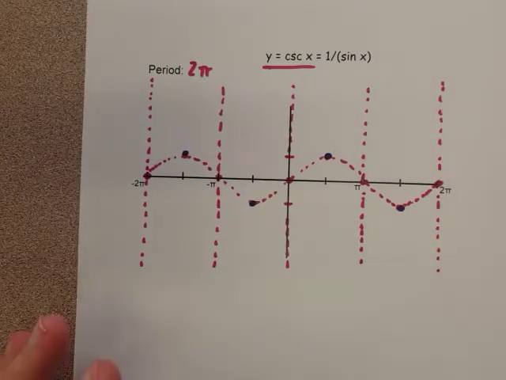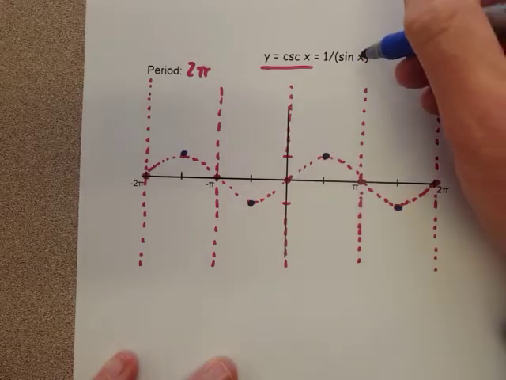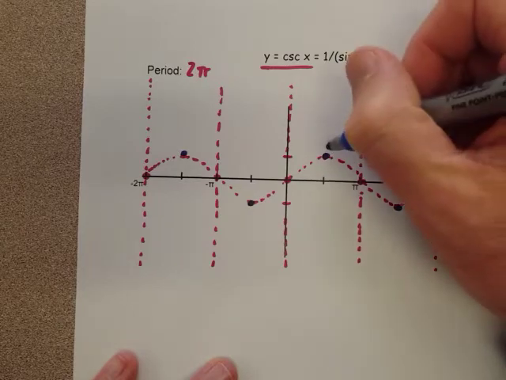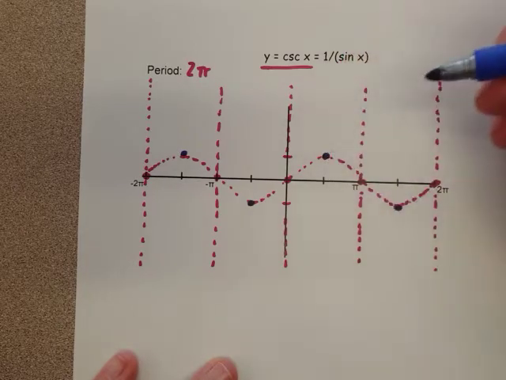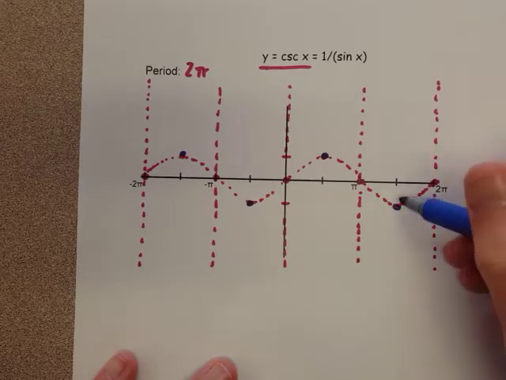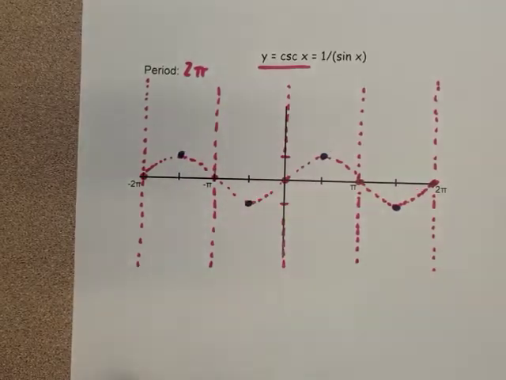The reason for that is we know that at pi over 2, sine is equal to 1. Now, cosecant is the reciprocal of sine, so the reciprocal of 1 is still 1. And the reciprocal of -1 is still -1. So all of those points at the peaks are points that we use in our cosecant graph.